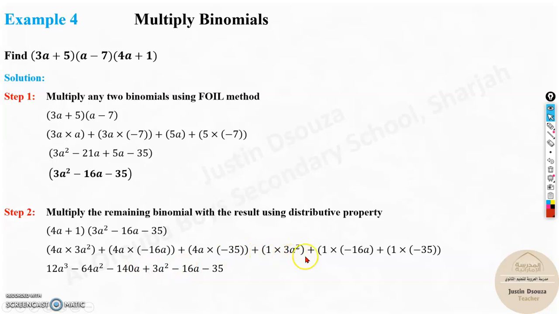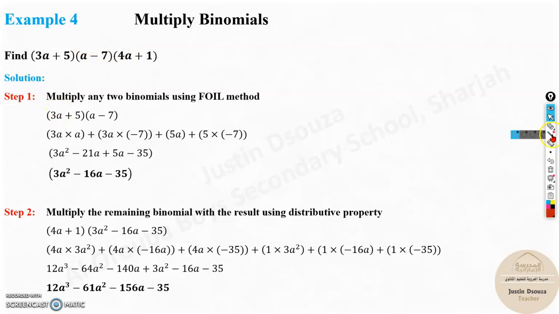Over here we have 3a squared minus 16a minus 35. Simplify this further with like terms. See, now these are like terms. Solve it, and this one. So what answer will you get? It'll be 12a cubed minus 61a squared minus 156a minus 35. So this is the final answer by multiplying all the binomials.